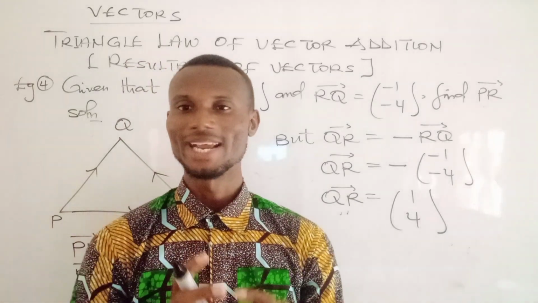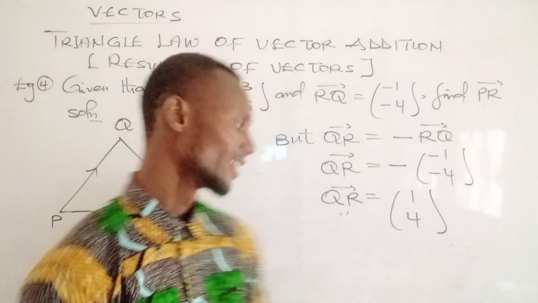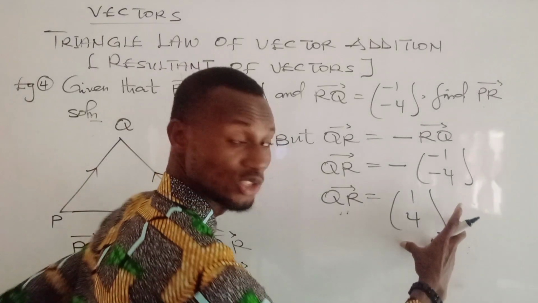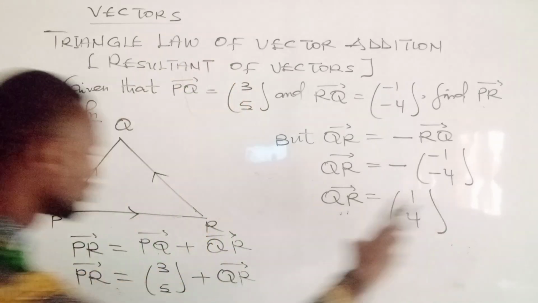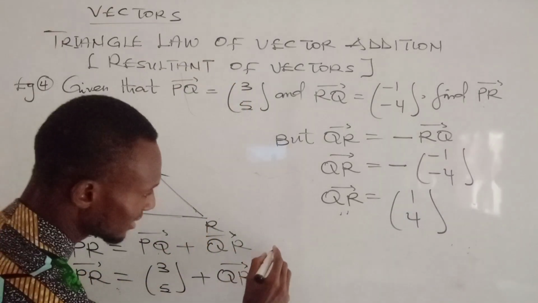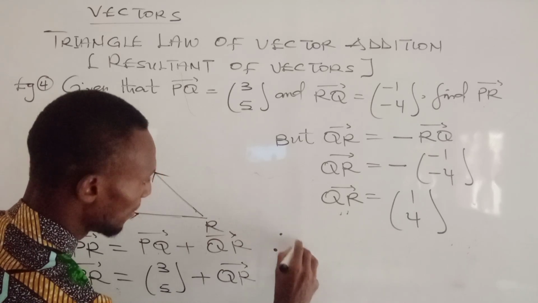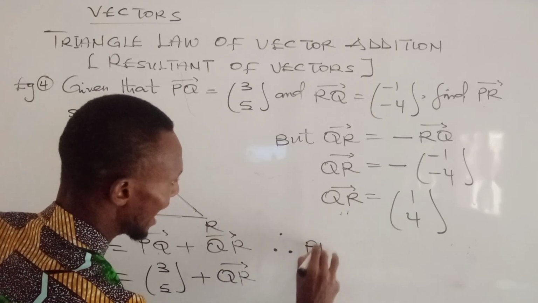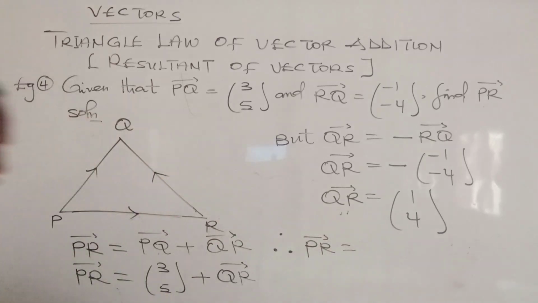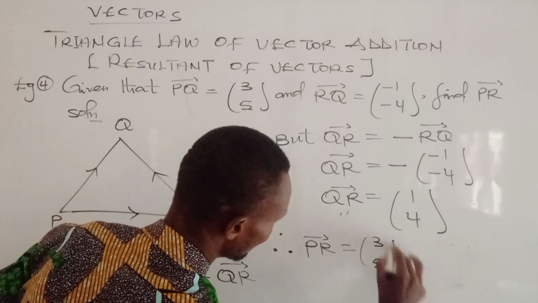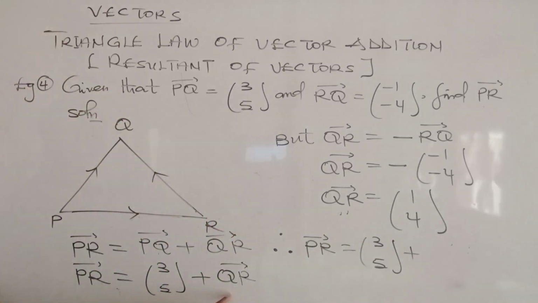From here, we can now proceed to find our vector PR, because now we know the QR. So we are going to substitute the value of QR into this equation. Therefore, my PR will be equal to, repeat your 3, 5 which is here, plus my QR.